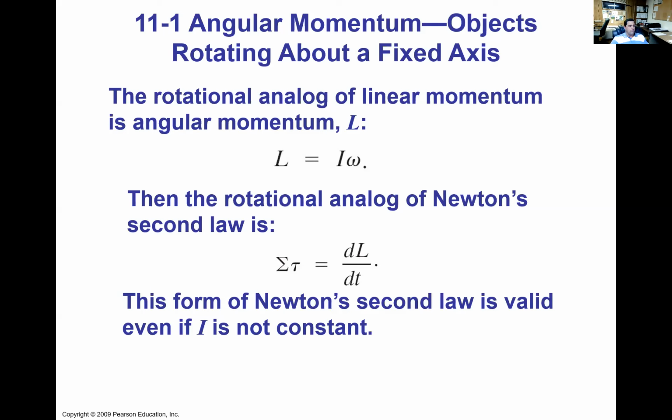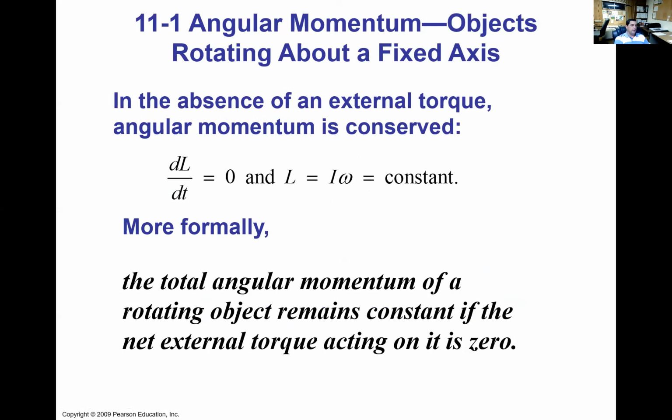Then Newton's second law, the sum of torques, can be described as the change in angular momentum with respect to time. This form of Newton's second law works even if the moment of inertia is not constant.